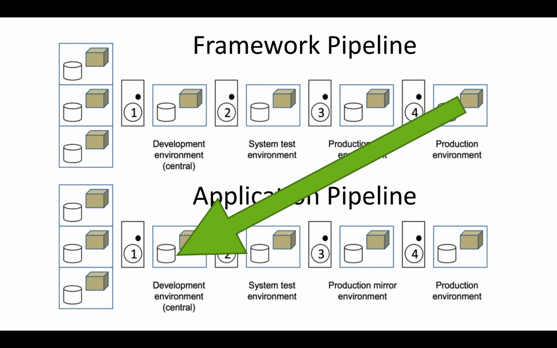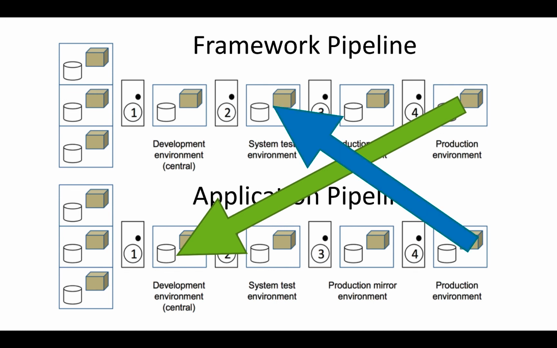And when we want to introduce, for example, a new version of CentOS, or Java, or our application server, we will test it with the latest version of the application that we know works. We will bring it to our system test environment and test that updating my Java version in the framework pipeline didn't break anything.